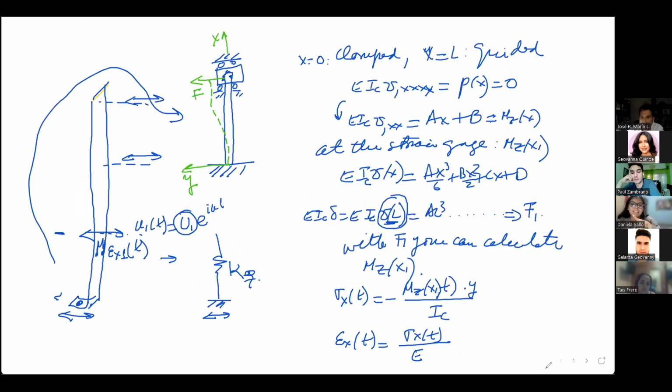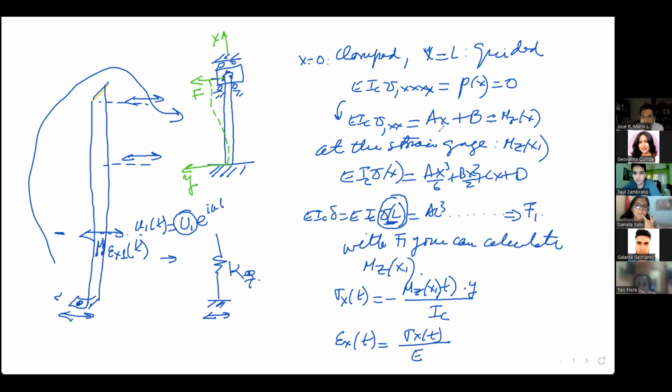That obtains it in that part, but in the lower part, how can we get the value? Oh, hold on. I obtain F1. That's the force that you have to apply here in order to have this deflection. After you know F1, you can evaluate the bending moment.